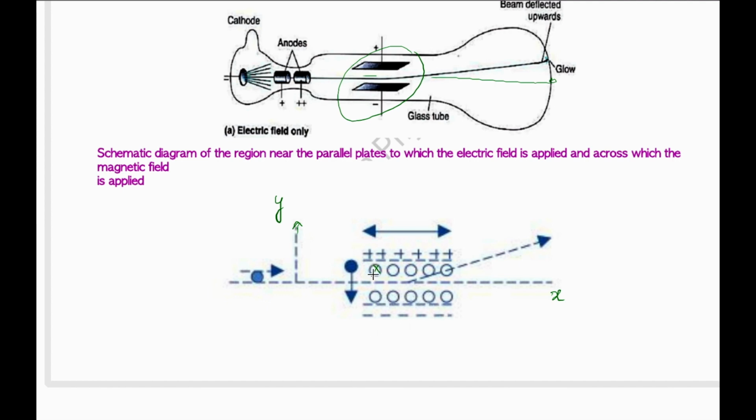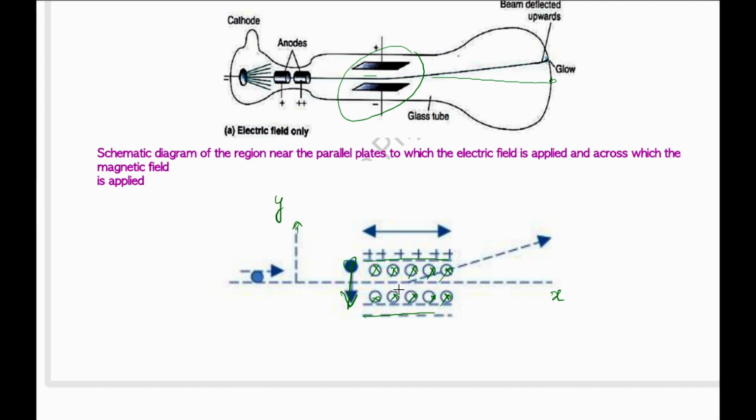If the magnetic field, let's say, is pointing into the page, in this particular case, that can be represented as this, and these are the two plates between which electric field is applied, and electric field points from up to down, towards the downside, right?